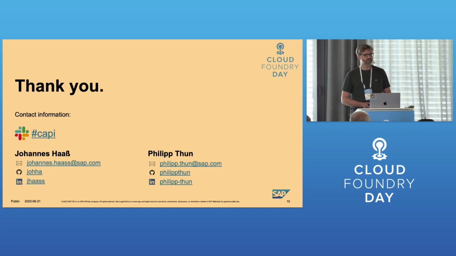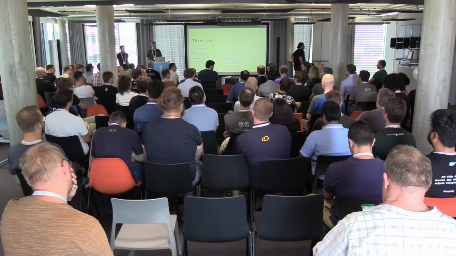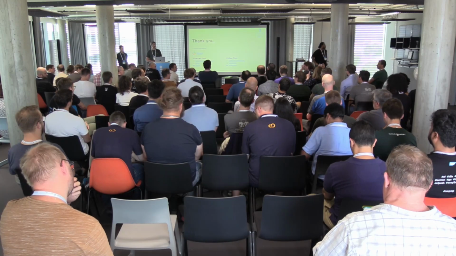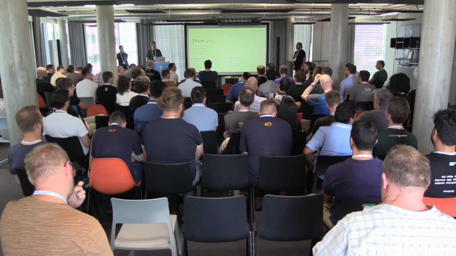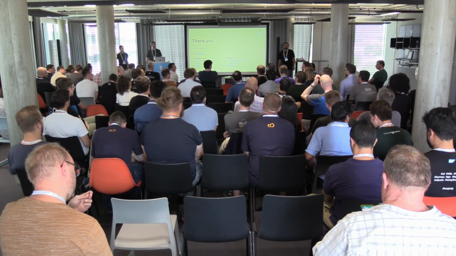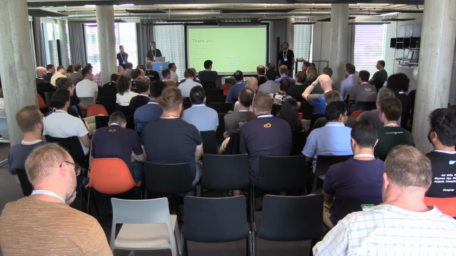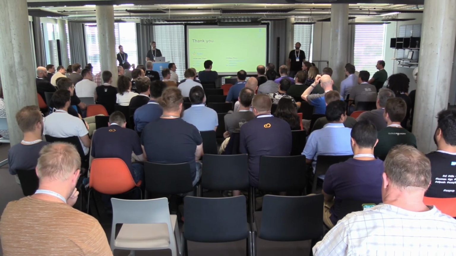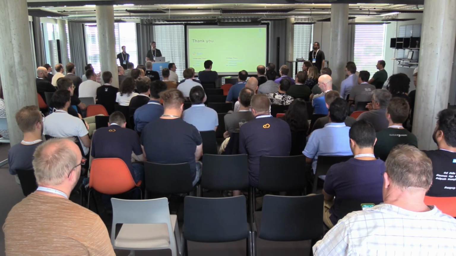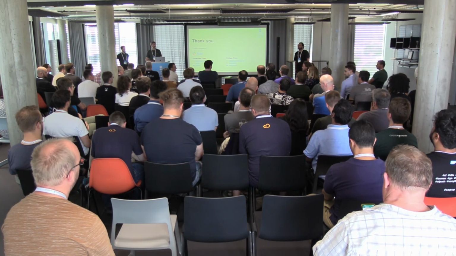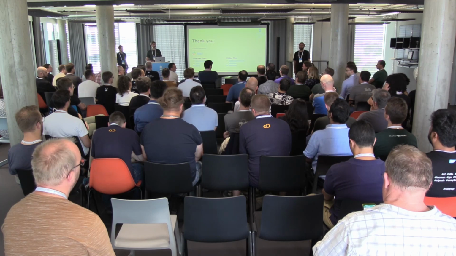Thanks for the talk. With the limit of 1,000 requests per user per hour, when I'm using the CF CLI, how many requests per hour do I get when I do a CF push, CF bind service, CF restart? I guess I would not be affected by the limit of 1,000 requests.